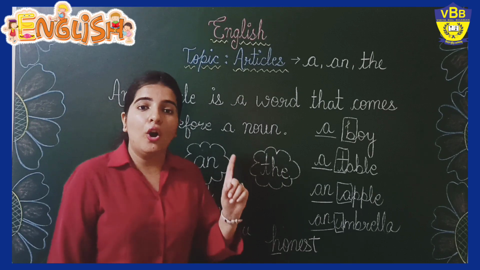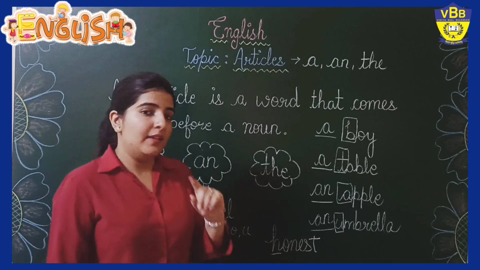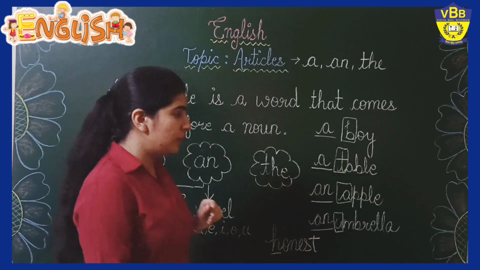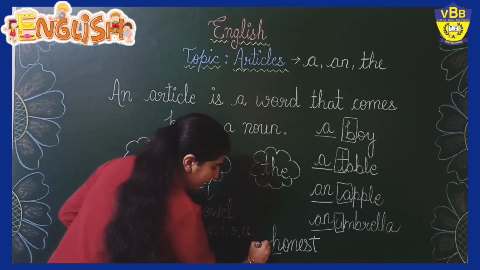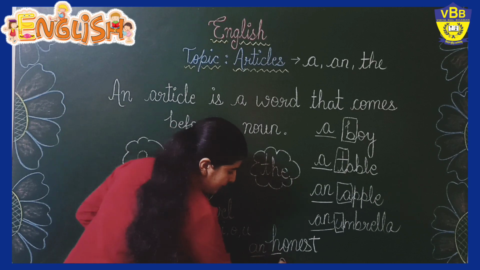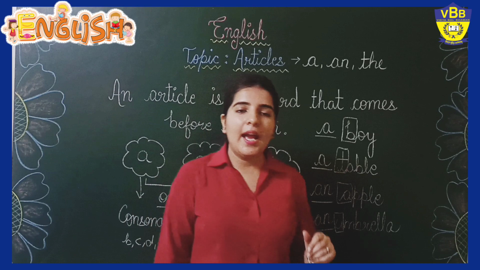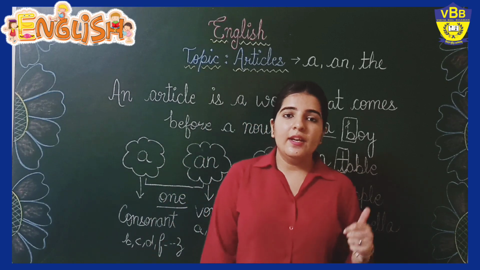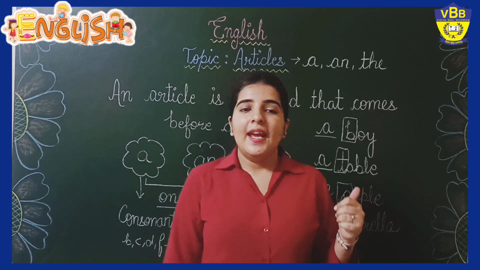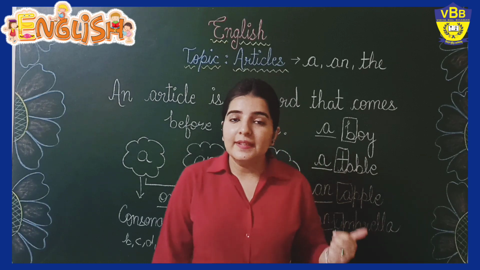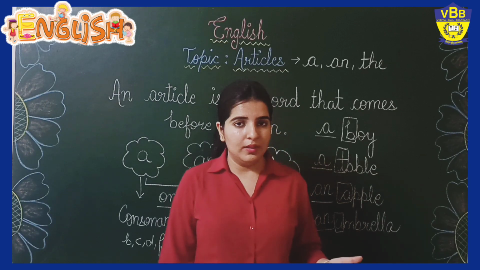It is honest. Honest gets the sound of a vowel. So we are going to use an with it. An honest man. He is an honest man. Here in the word honest, the H is silent, so we will focus on the sound of the word.